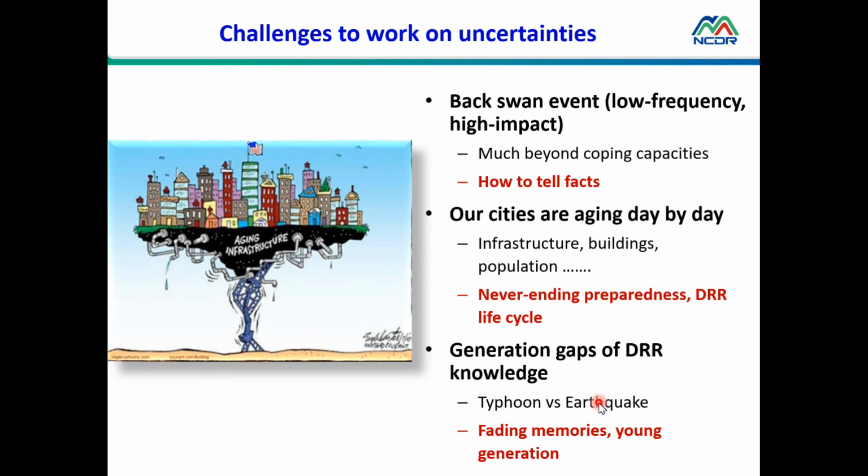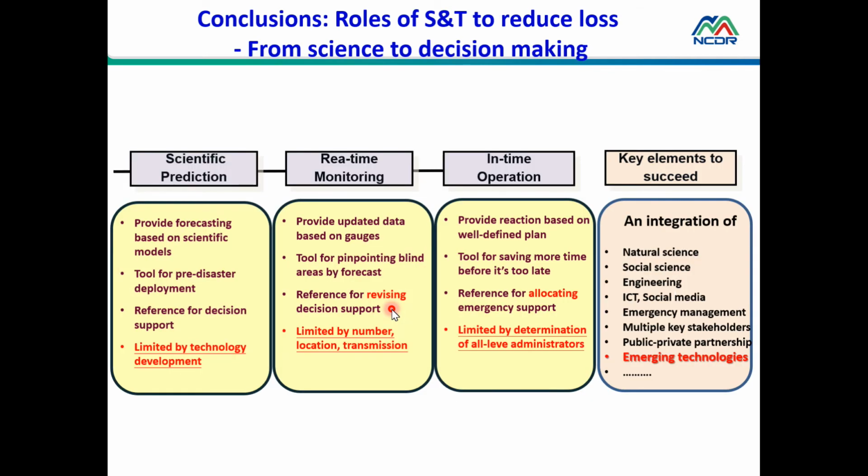In between the 20 years, a lot of memory is gone, a lot of experienced people to deal with earthquakes are gone. So we will have the generation gap of DRR knowledge. This is why we need science and technology to do smart emergency response, to document every step we make, then we can inform the next generation.